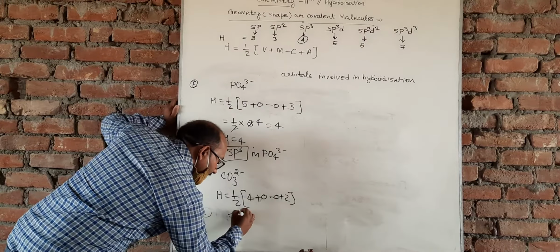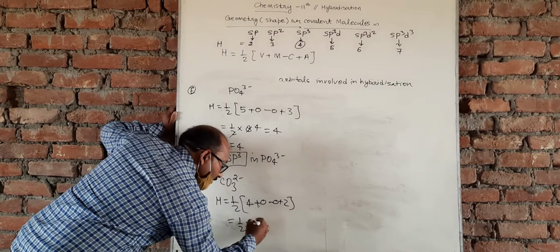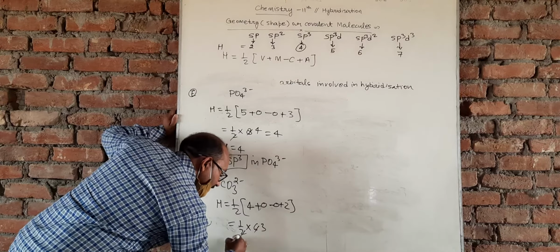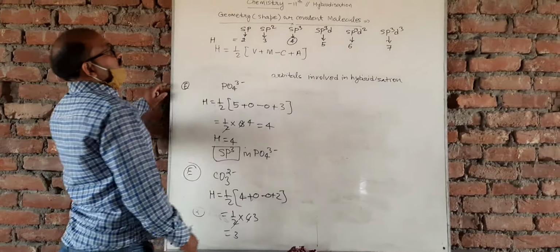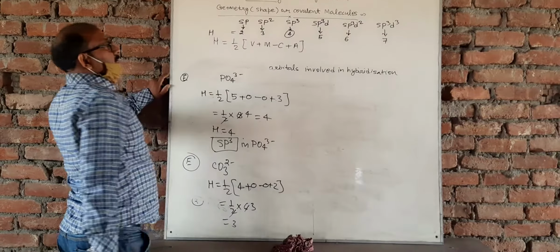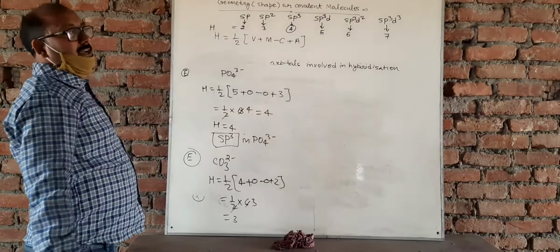So 1 by 2 into 6 gives 3. So 3 orbitals are involved, and H equal to 3 represents sp2 hybridization.